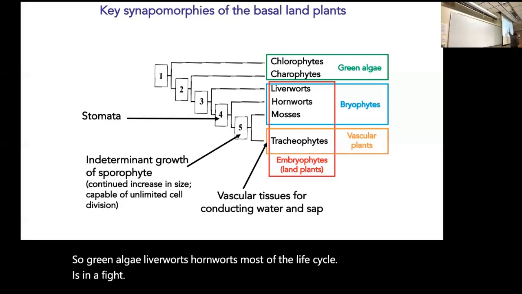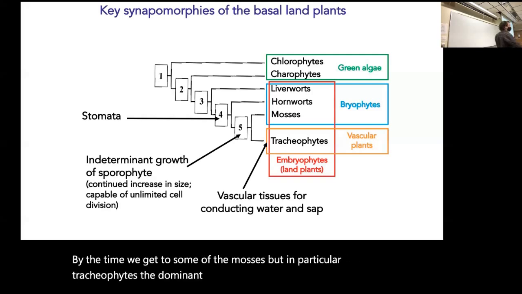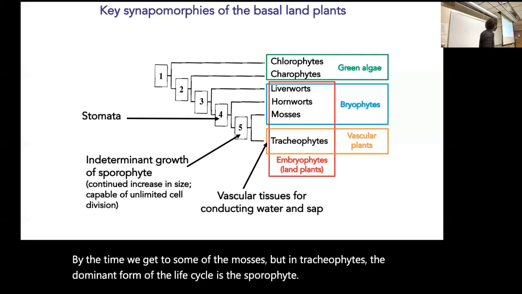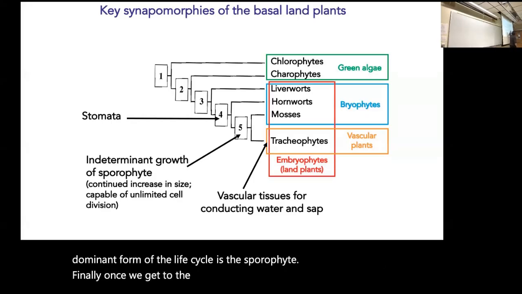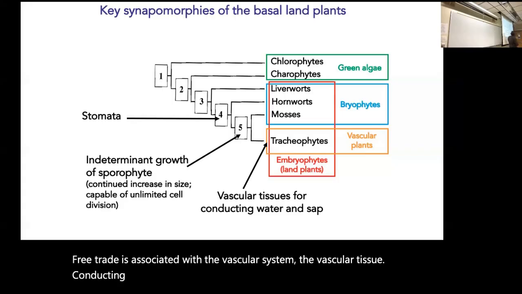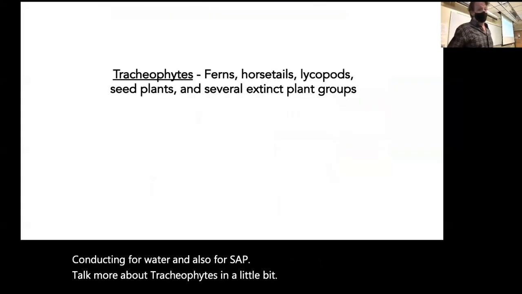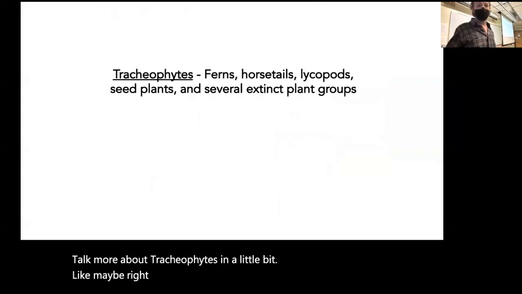By the time we get to some of the mosses, but in particular the tracheophytes, the dominant form of the life cycle is the sporophyte. Finally, once you get to the tracheophytes, the key trait is the vascular system, the vascular tissue, conducting water and also sap. We'll talk more about tracheophytes in a little bit. Like maybe right now, okay?